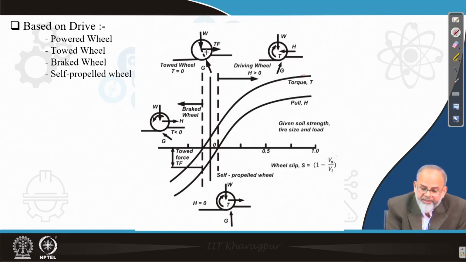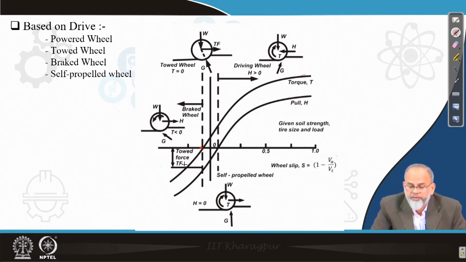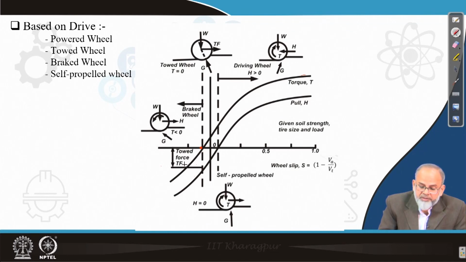Here there is no torque, T is equal to 0. This condition is represented by the point here, and the difference between this point and this point is the towing force. That means this much force is required to roll the wheel forward. I am talking about these forces on a horizontal plane. If the plane is inclined, then a weight component will come into the picture.